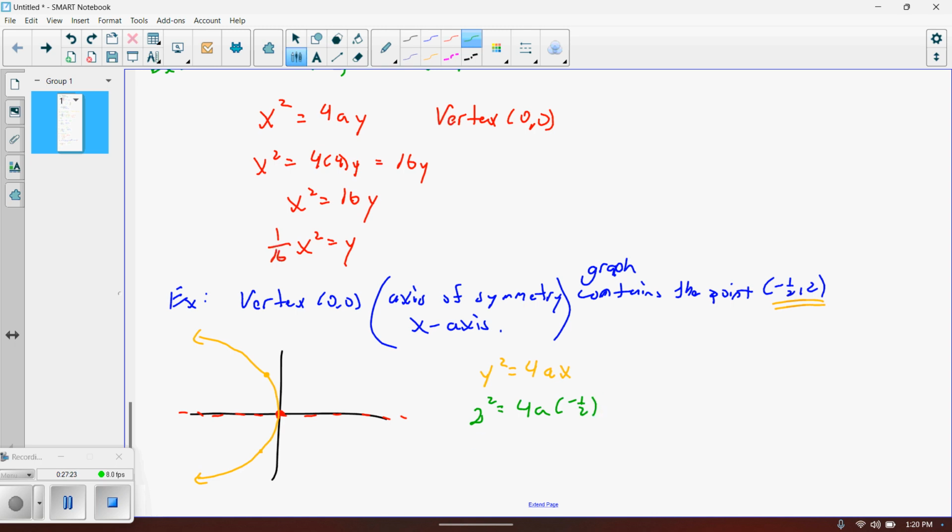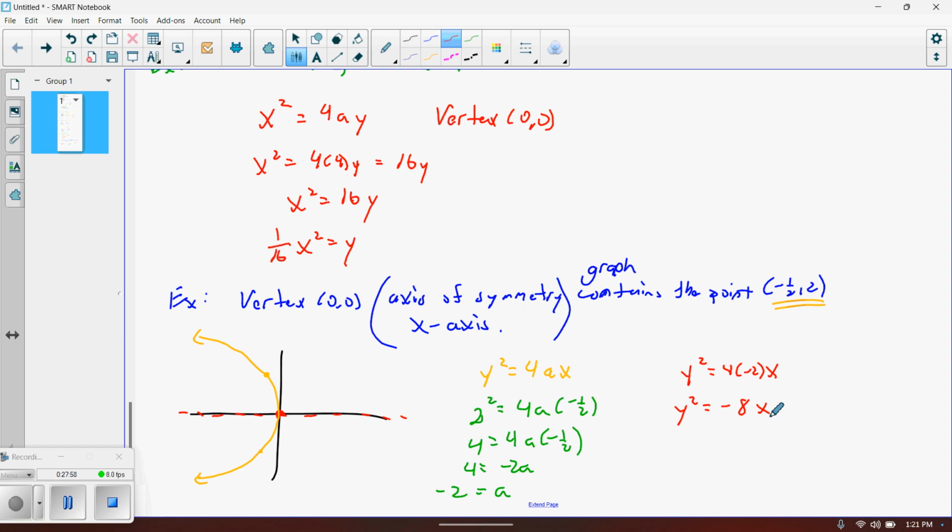That's going to be 4 equals 4a times -1/2. I could have multiplied the -1/2 at that time, but that'll be 4 equals -2a. Then dividing both sides by -2, we get that a equals -2. So now I have the equation y squared equals 4 times -2 times x, or y squared equals -8x. So there's my equation.